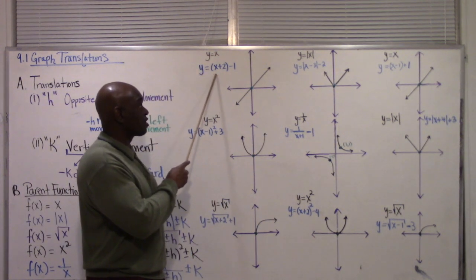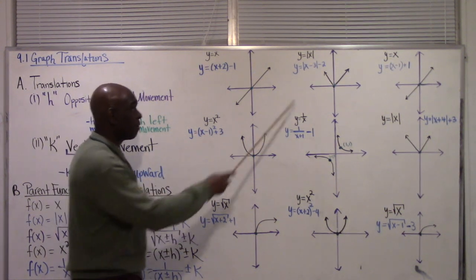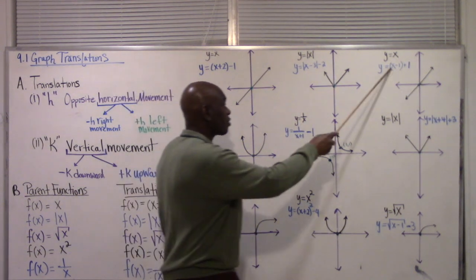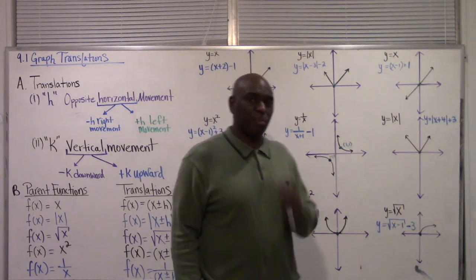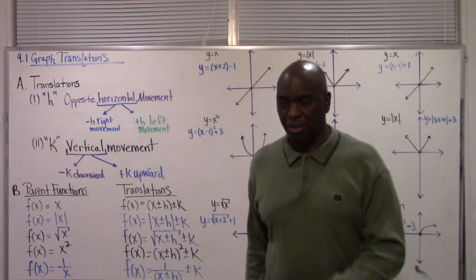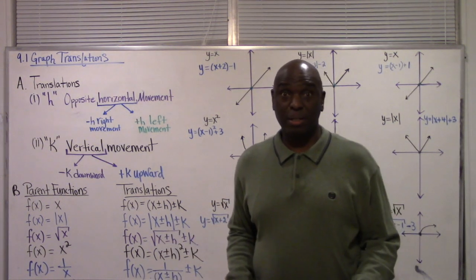That's what the blue function is, what we're about to sketch. We're going to sketch every blue function on here. I'm giving you the graph of the parent function, and now we're about to translate them. Okay? Alright, let's go.